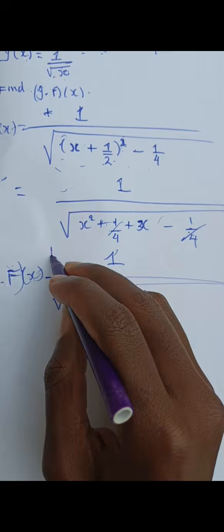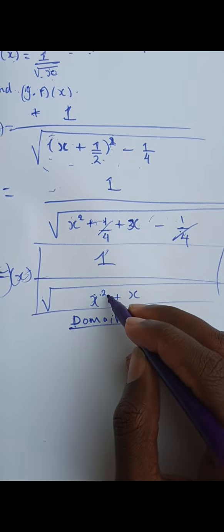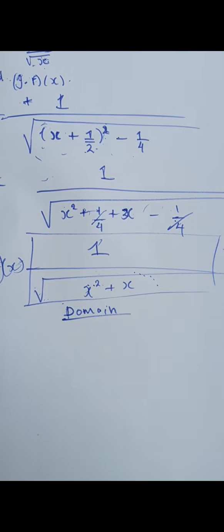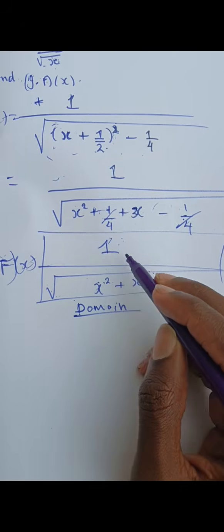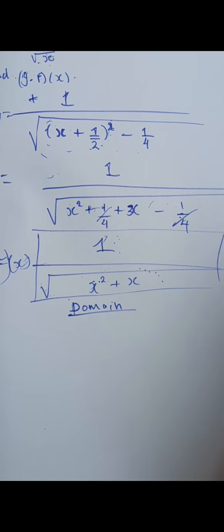So now, how do we find the domain for this? If you observe, we are having a denominator, right? This one. That's where the values of x are. And since this is a fraction, we know that this should not be undefined, right?